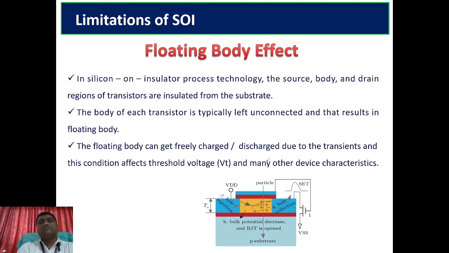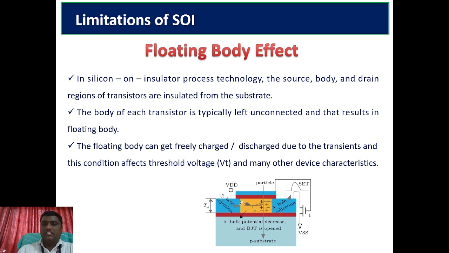The limitations of SOI MOSFET, as I mentioned, include the floating body effect, because silicon on insulator is a process technology to build nanoscale devices. The source, body, and drain regions of the transistors are always insulated from the substrate. So the body of each transistor is typically left unconnected.